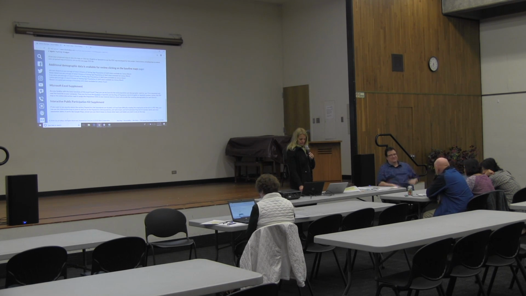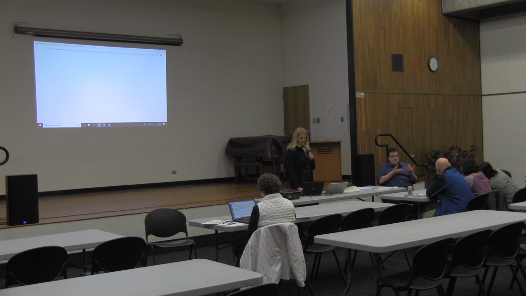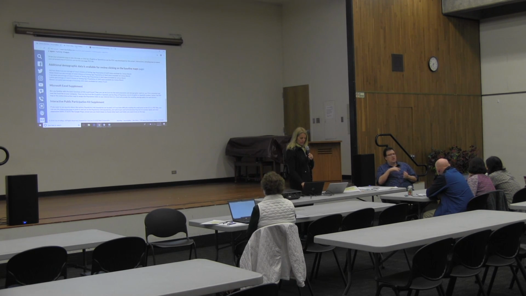Okay, the interactive map. Once you start using this, you're going to find yourself on this map. I just clicked on that link that said interactive map. I realized I did that quickly, so I'm going back on how I got there.